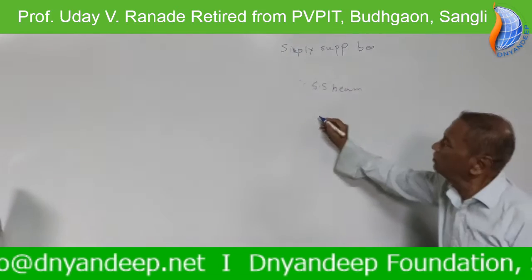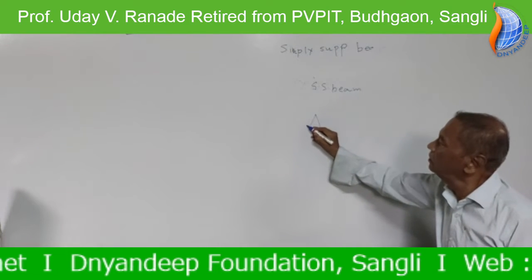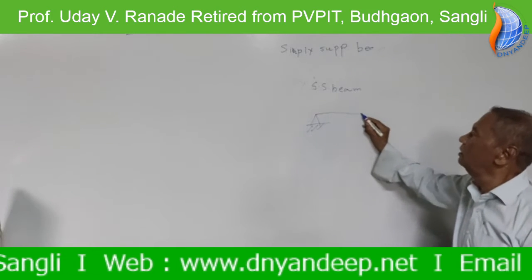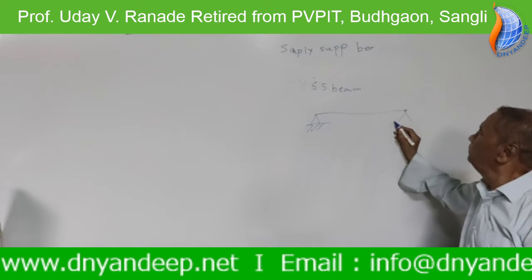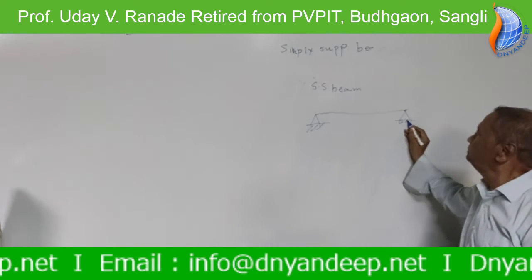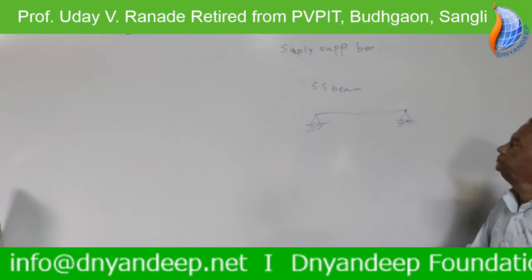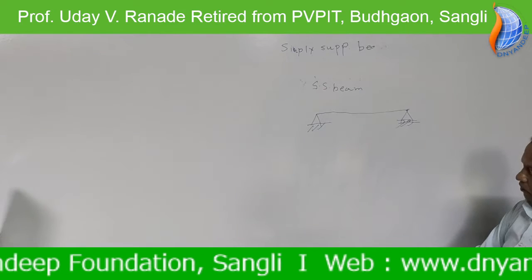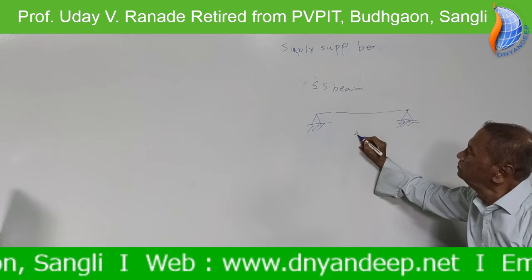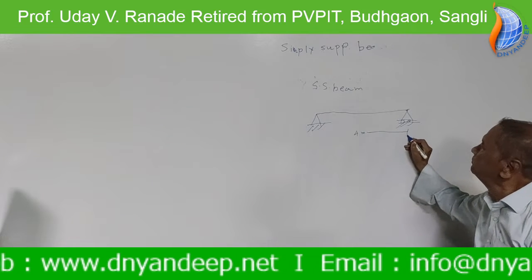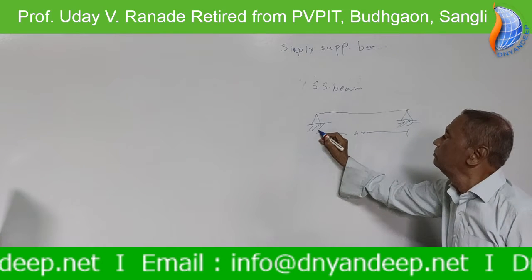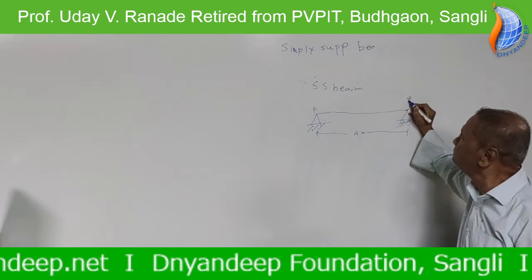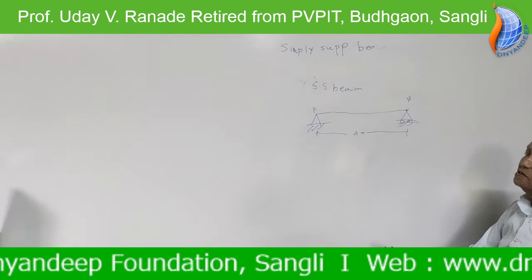First simple type of support, let us consider at one end there is hinge, at other end there is roller. Now on this beam, suppose the span is 4 meter. And this is A support, this is B support. Very simple example we will take.